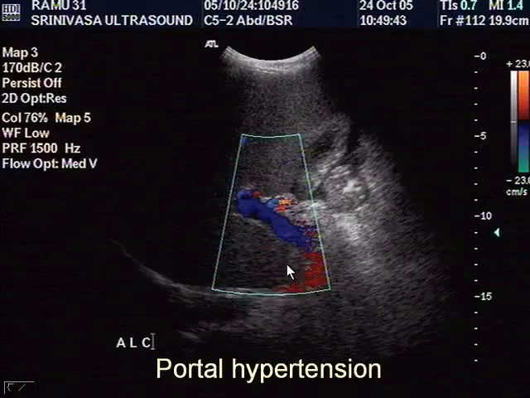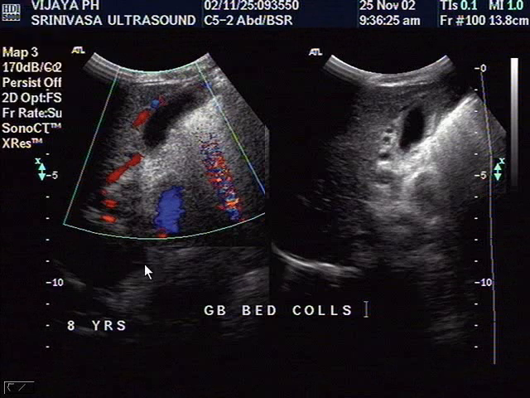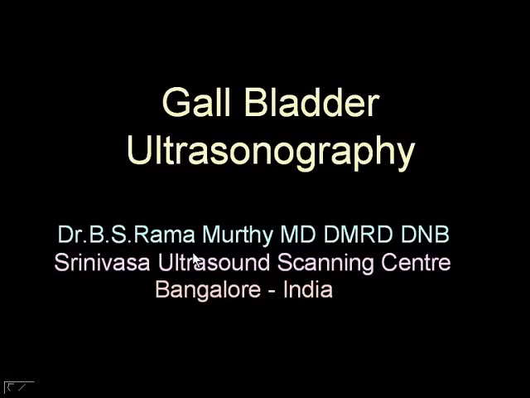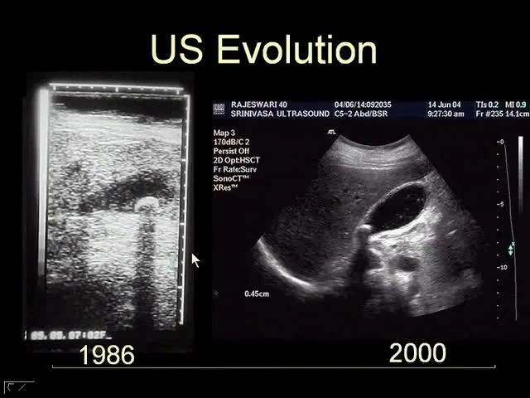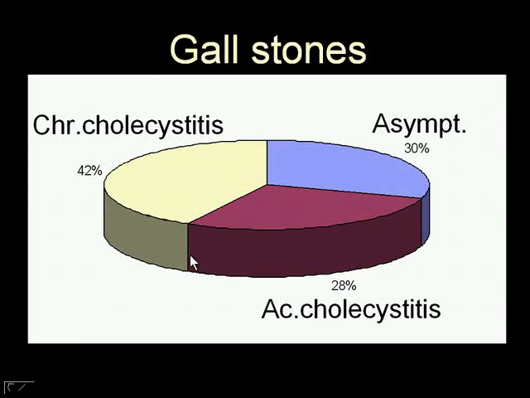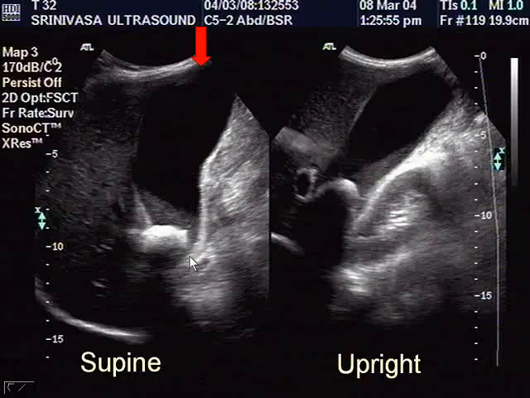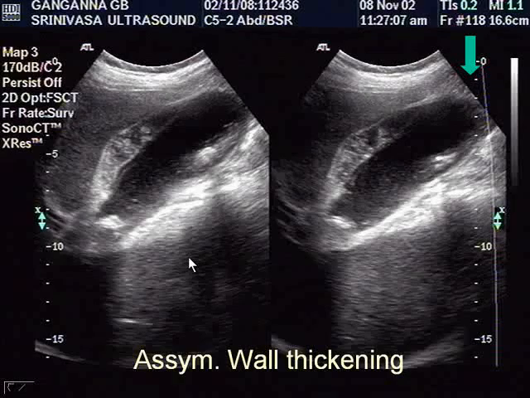Gallbladder wall thickening can also be due to gallbladder wall collaterals.